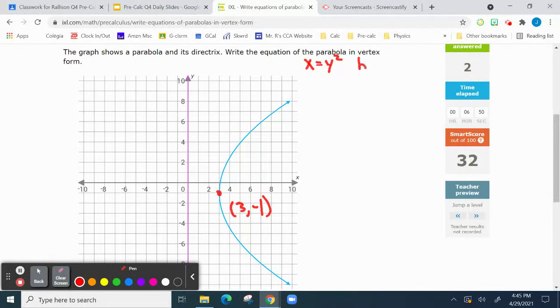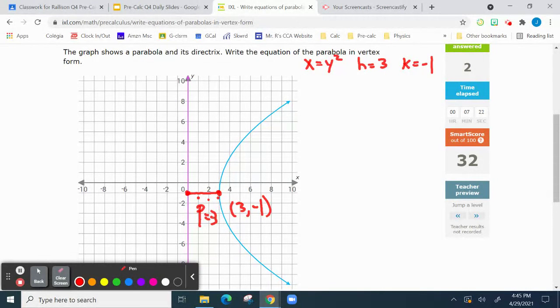So h equals 3 and k equals -1. And then we notice the distance from the directrix to the vertex is 3, right? Because the directrix is parallel to that, and it's only 3 away. 1, 2, 3. So p equals 3.